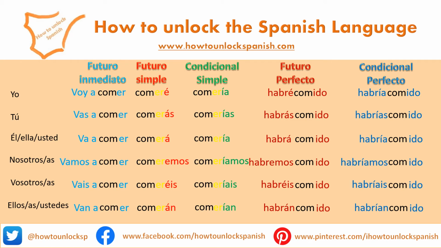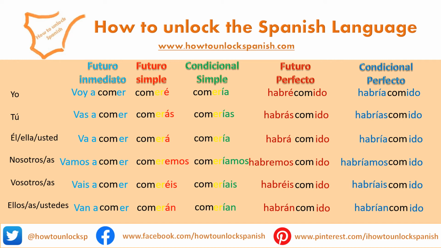So I will have eaten is yo habré comido, and then tú habrás comido, él habrá comido, nosotros habremos comido, vosotros habréis comido, ellos habrán comido. For example, cuando llegues, yo ya habré comido. When you arrive, I will have eaten already.